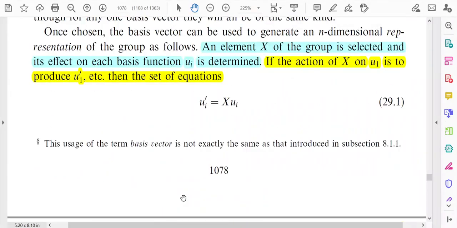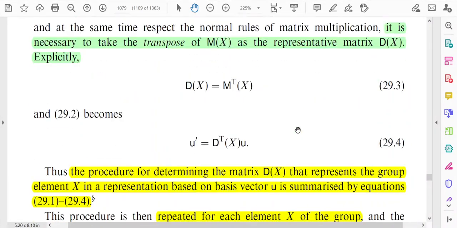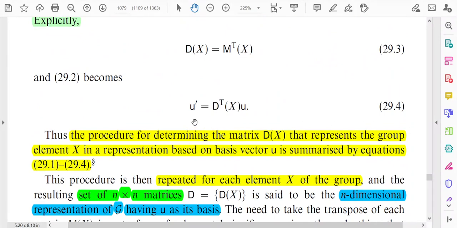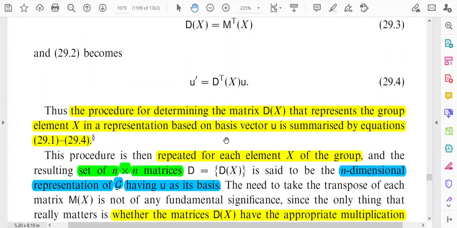We have started from this particular equation, then we have step by step obtained this particular relation 29.4, where we are determining the representative matrix dx which corresponds to a particular element x, but we have to say that it is based on basis vector u, that is it is for a particular basis vector u.